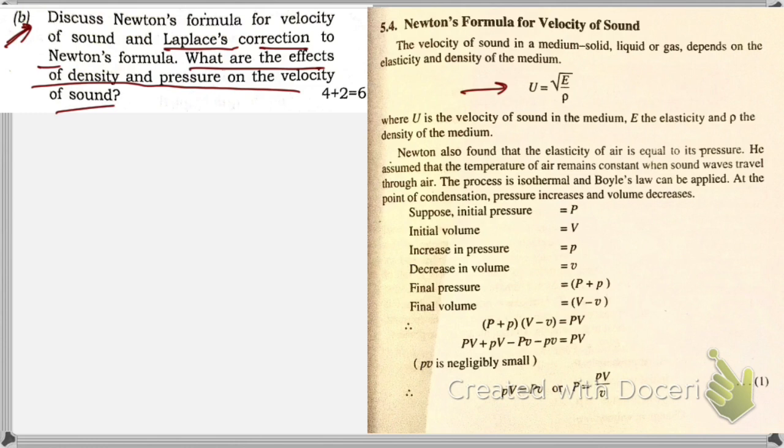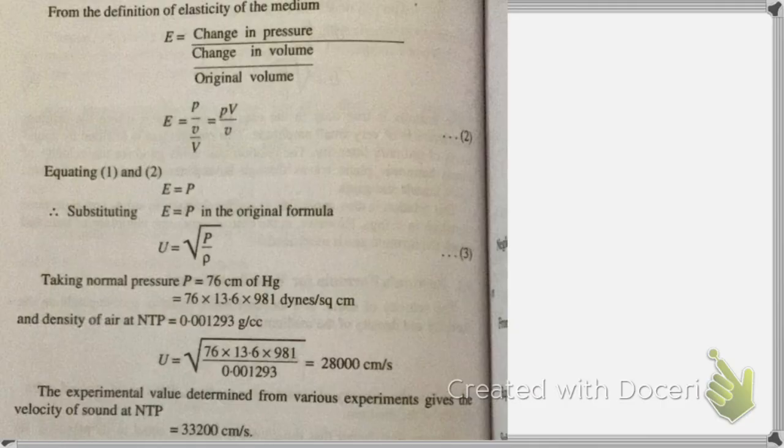I am not going to discuss each and every term. This is Newton's formula, and Newton got the velocity of sound. But this result obtained by Newton is experimentally not acceptable. It should be this one, 33200 centimeter per second.